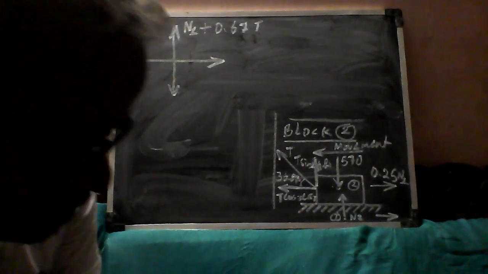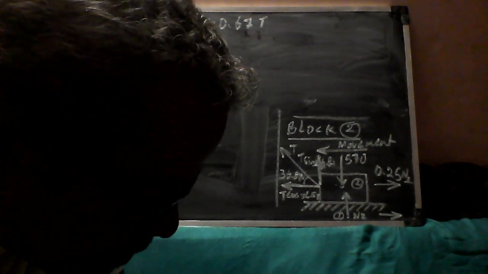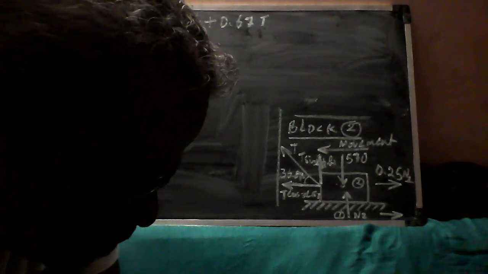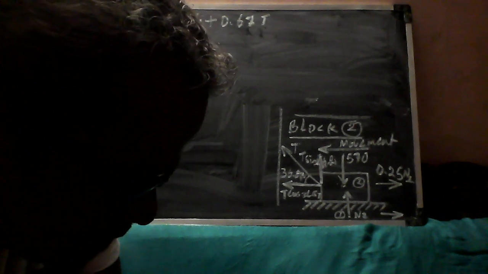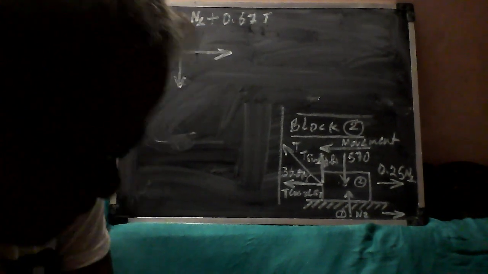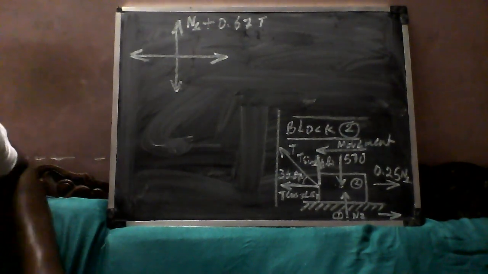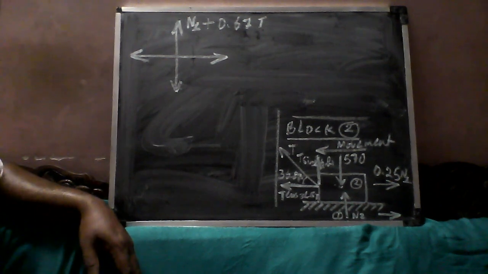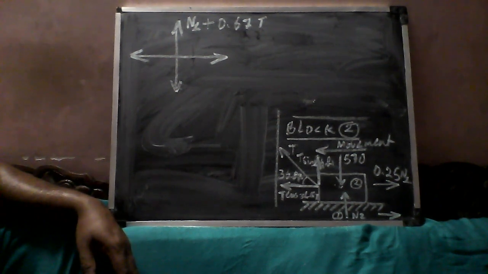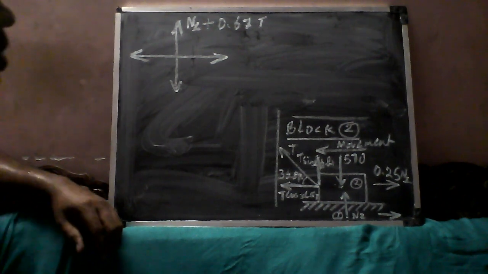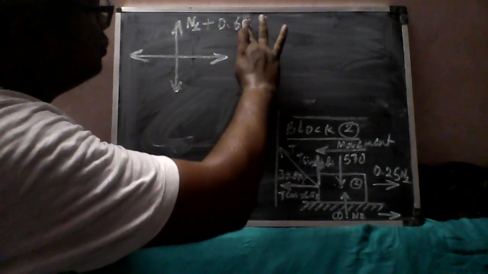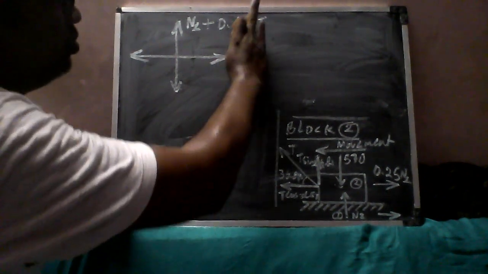Actually it is 0.6, and this T cos 36.87, actually it is 0.8, not 0.67.